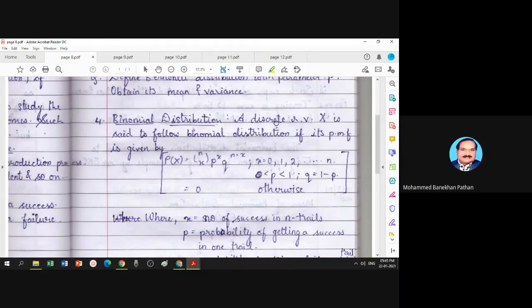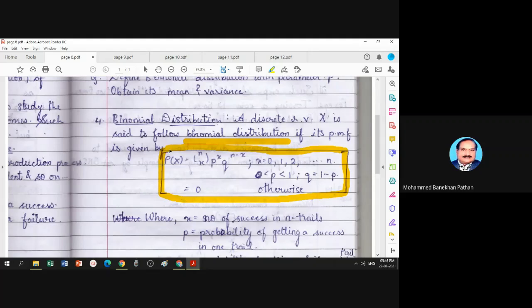A discrete random variable capital X is said to follow binomial distribution if its PMF is given by. So yesterday I told you this is the standard form of definition for any distribution. The most important part is to remember this square bracket. You have to remember this perfectly without any mistake.